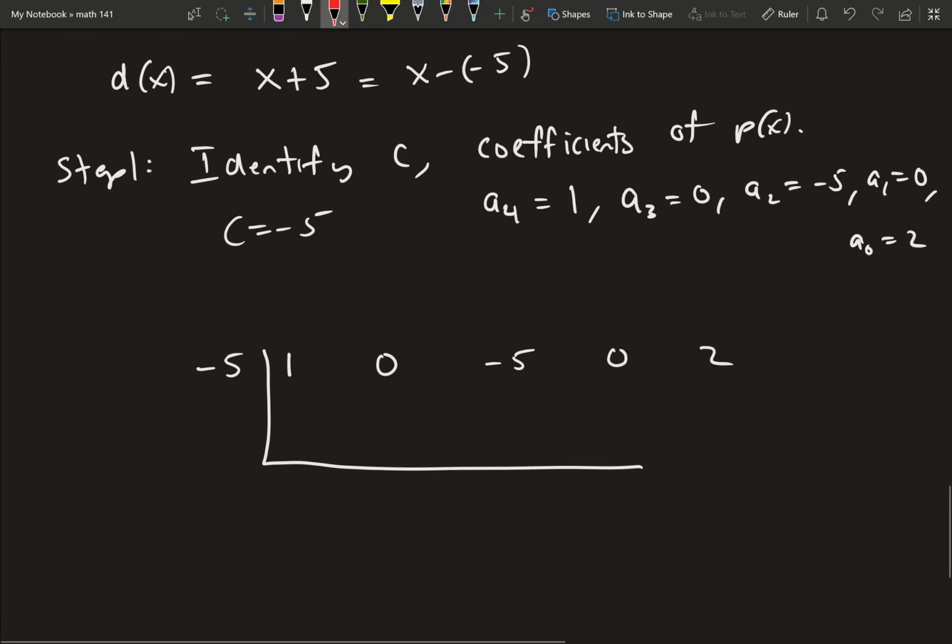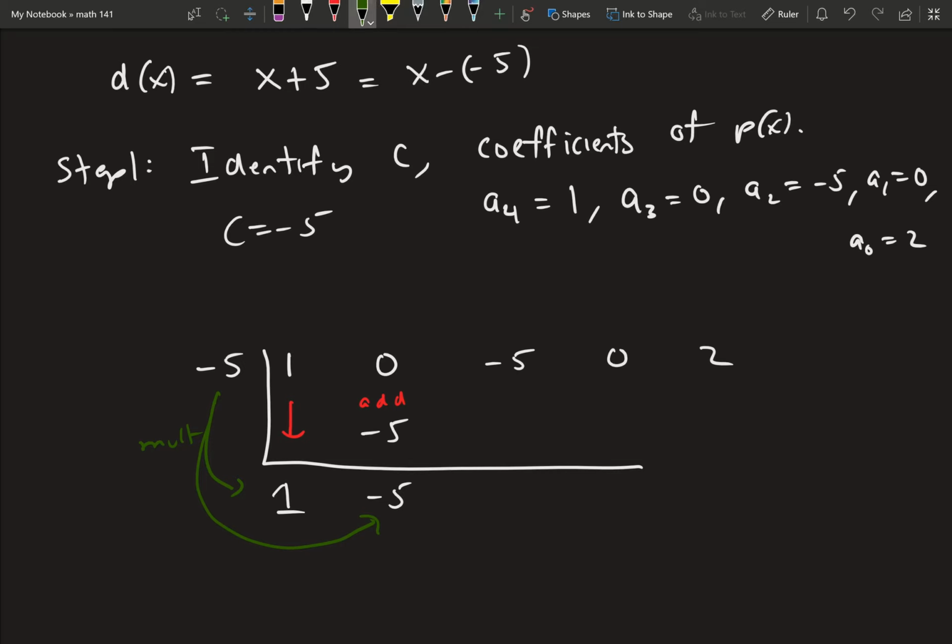And we start off by dropping down the lead coefficient of p of x. So we drop down this 1, and then we multiply negative 5 times 1, which is negative 5. So we have negative 5 here. And now we add these two to get negative 5. And then again, we multiply negative 5 times negative 5, which is positive 25.